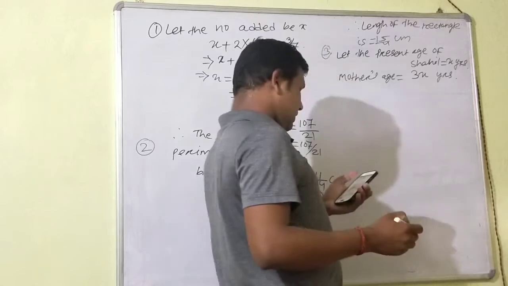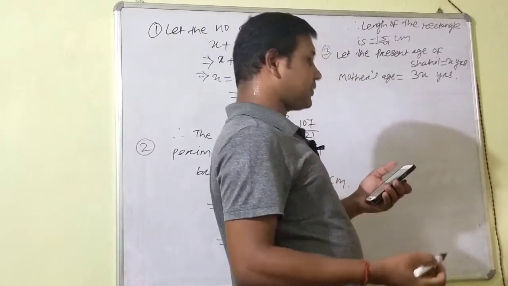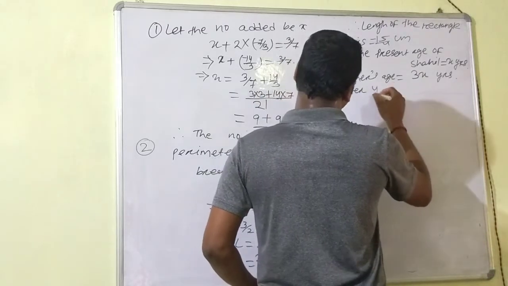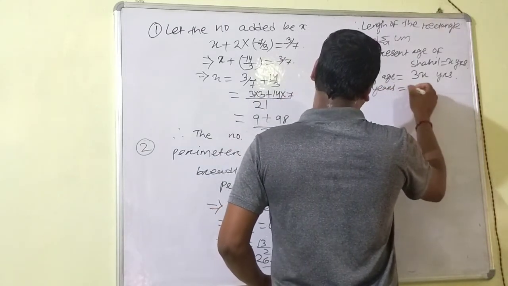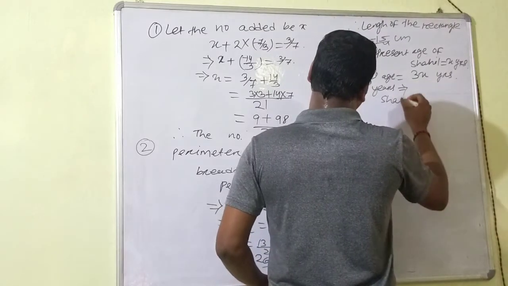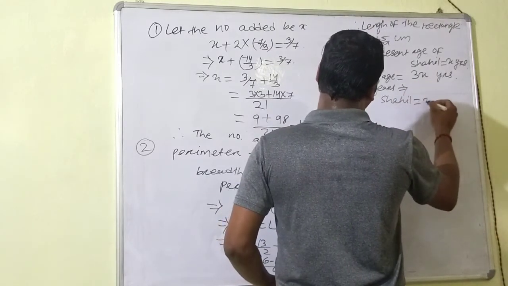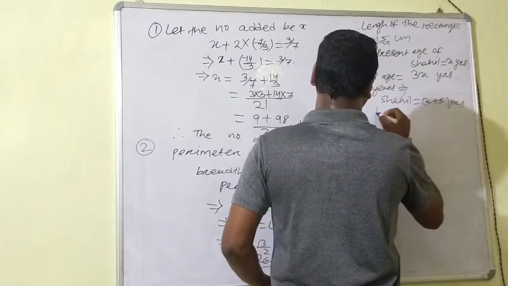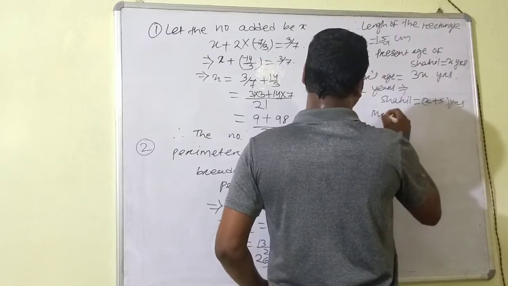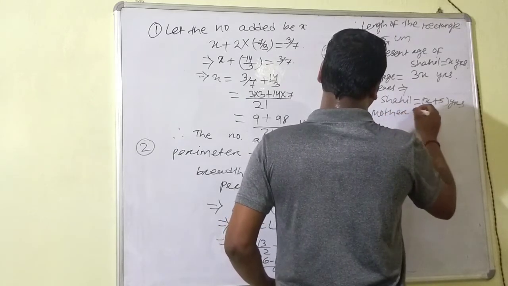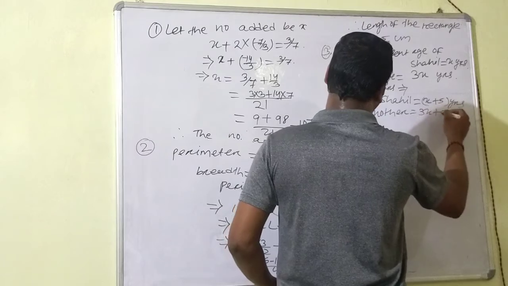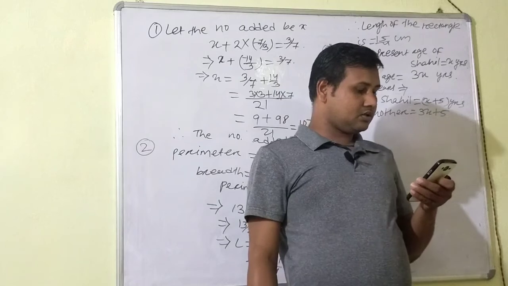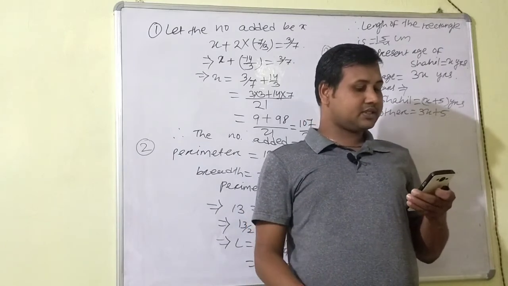Then after 5 years, Sahil's age will be x plus 5 years, and his mother will be 3x plus 5 years.